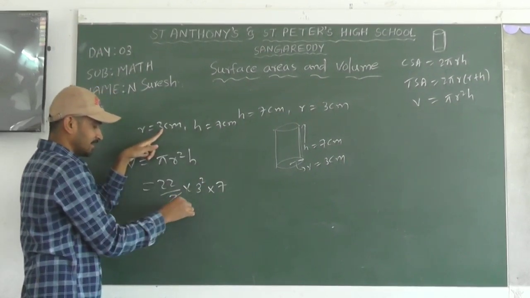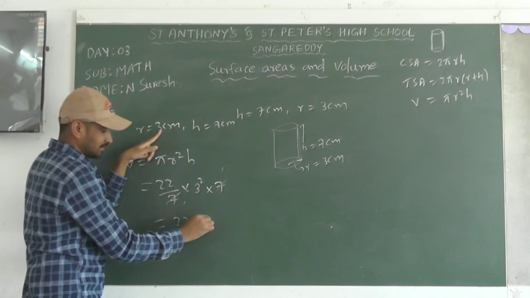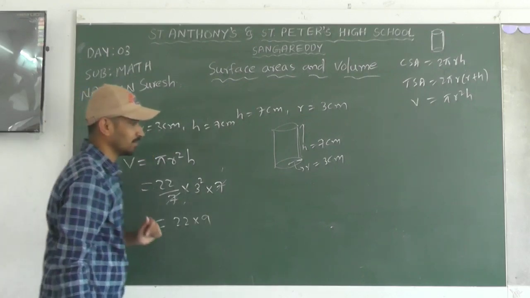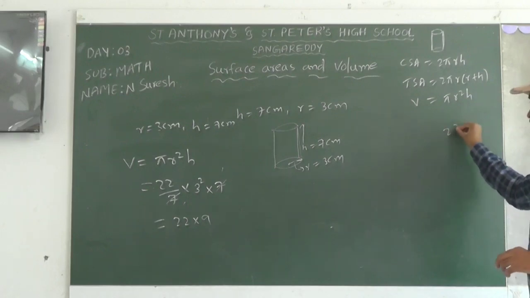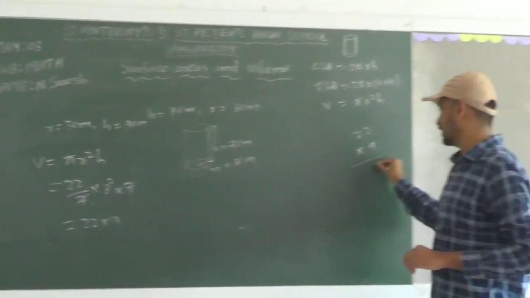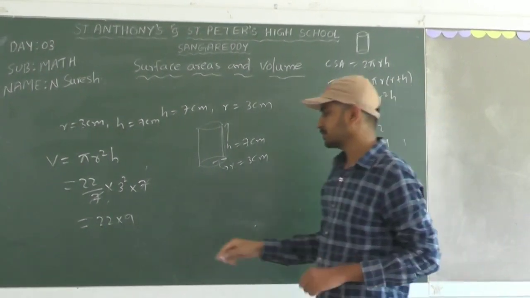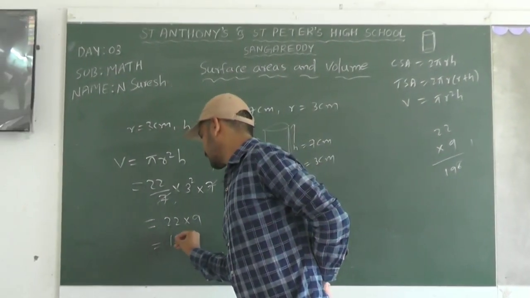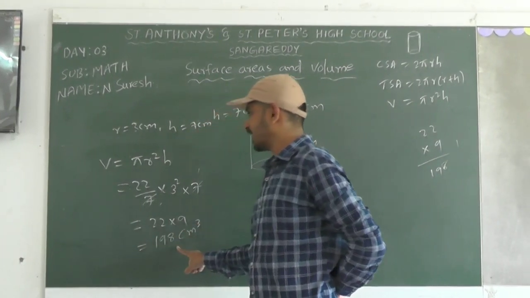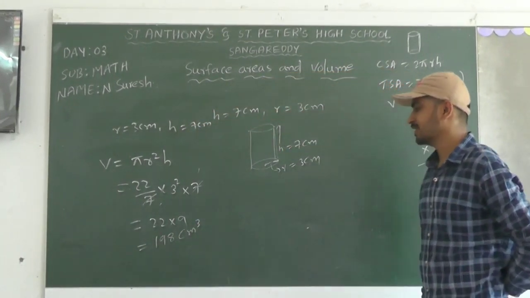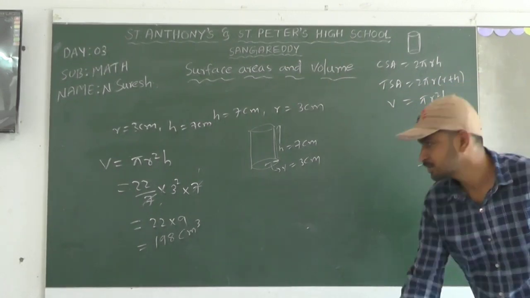We can cancel 7 and 7. 22 into 3 square 9, 22 into 9, 198 centimeter cube, or you can write cubic centimeter.